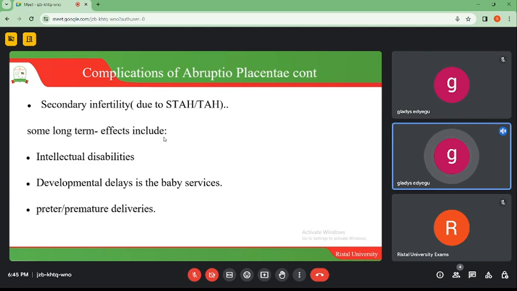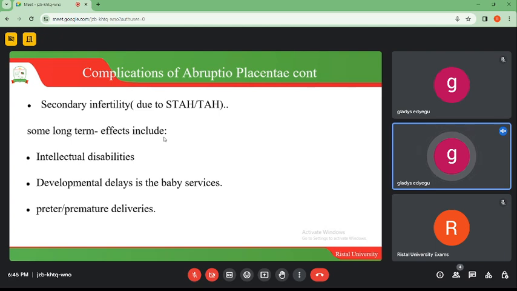And then we also talked about the basic, that is the BEmONC, where we only give basic services to our clients, and we are not able to provide theater services. We are not able to transfuse blood, like in health center 3s and health center 2s, because they don't have the doctors, they don't even have scanning services which can help us diagnose.